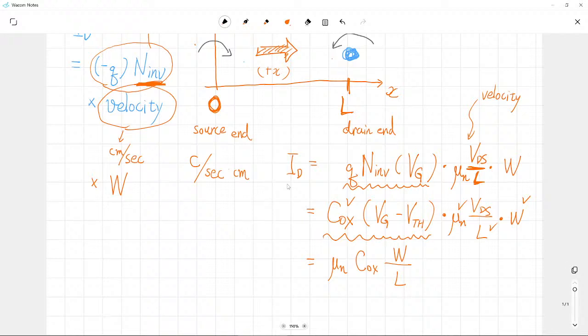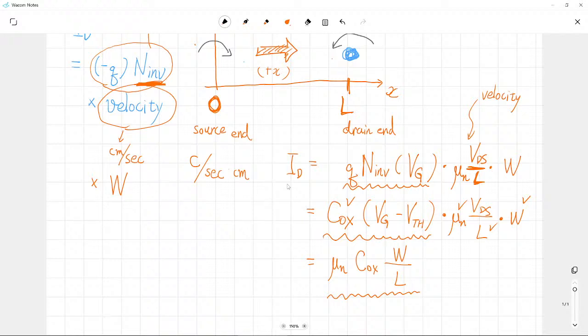Among all of these parameters, which is the material parameter? Yes, mu n. Mobility is the material parameter. If you have a better material, then you will have higher mobility. If you have a poor material, then you will have lower mobility. So this is a material parameter.